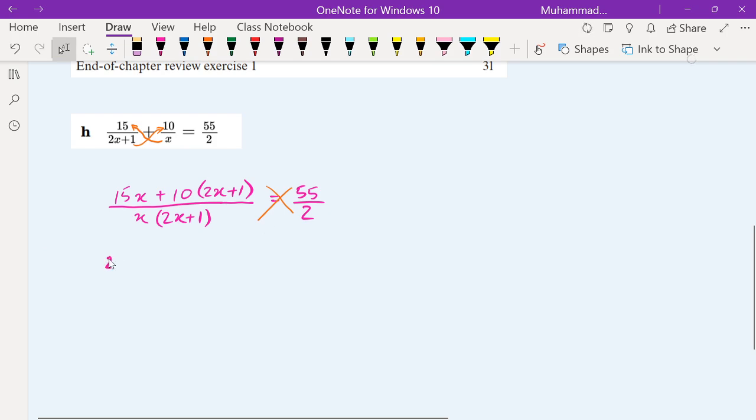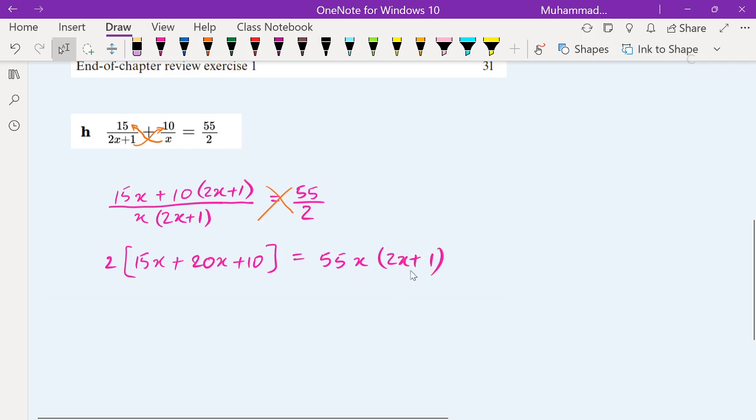So 2 times this. What will happen here? 20x plus 10. You could have multiplied that; I kept it outside for one step.